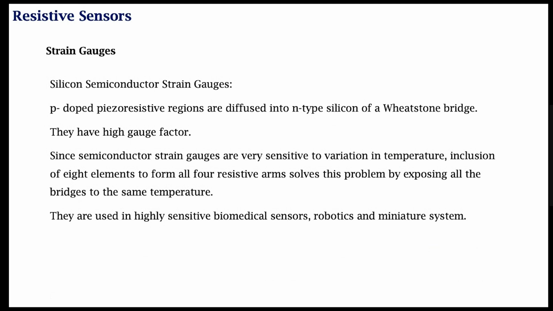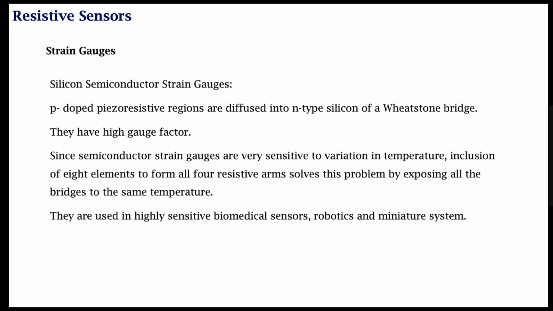It turns out that P-type piezoresistive devices are diffused into N-type silicon of a Wheatstone bridge, and their gauge factor can be as high as 120, and that is a huge gauge factor. But recall, what is the major disadvantage of this type of sensors, strain gauges? That is, they are not thermally stable.